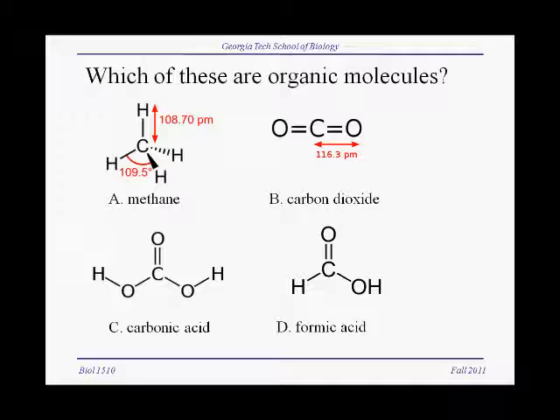Well, what about carbonic acid? It has carbon and oxygen and hydrogen. Surely that's an organic molecule, right? Nope, it is inorganic. And it spontaneously forms when carbon dioxide dissolves in water. What about formic acid? It kind of looks like carbonic acid.